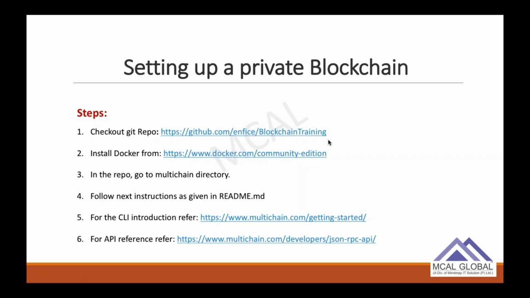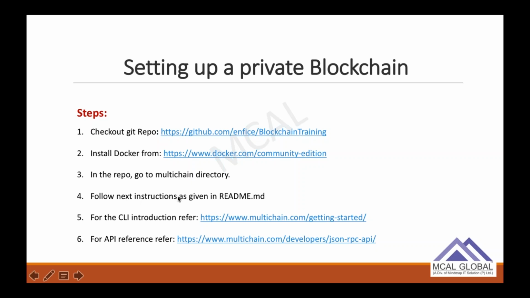To use Docker, obviously you have to install Docker first and configure it to get started on your machine. If you are using Windows, there is a different procedure. For Linux, it is fairly simple. Then in the repo, I have created a multi-chain directory, and inside that I have kept the Docker project.